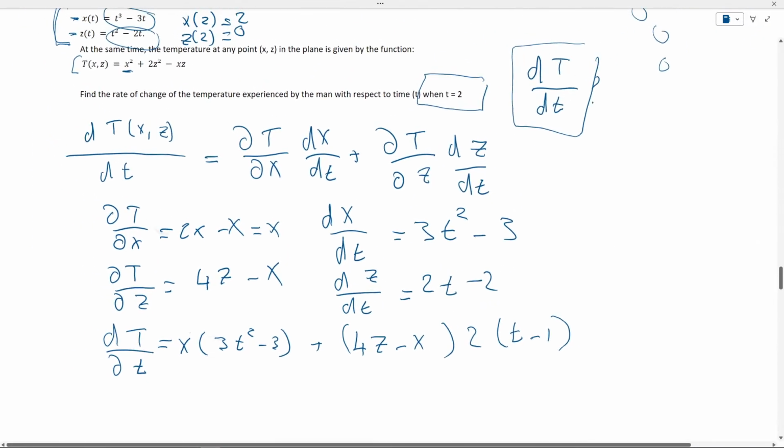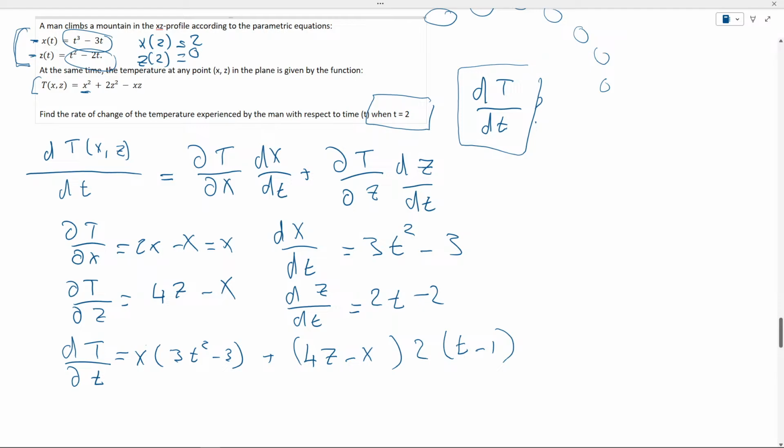So that's 2 times 3 to the power minus 3, plus my z here is equal to 0, and I have a negative here, and my x is equal to 2, so that will be negative 4 times t minus 1.